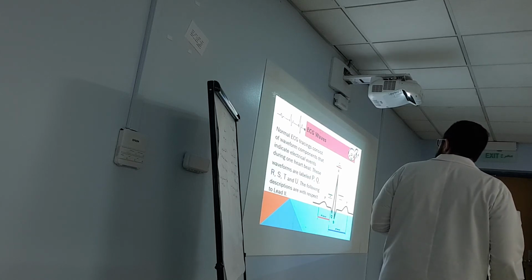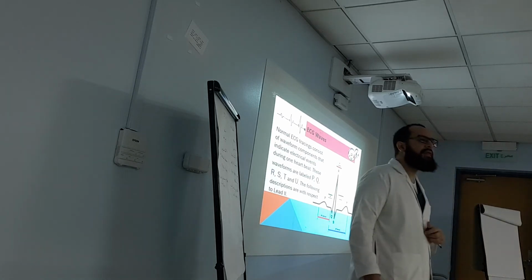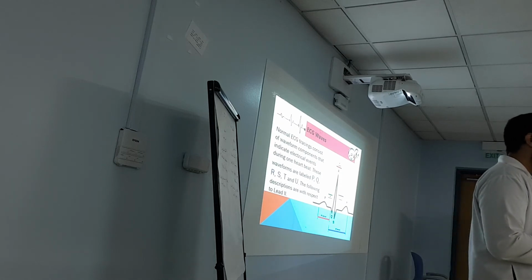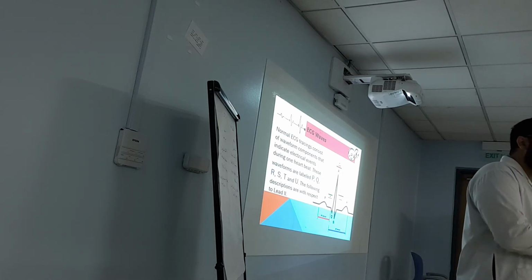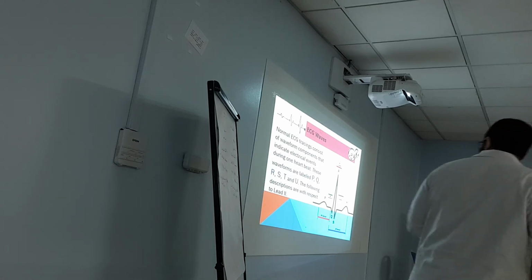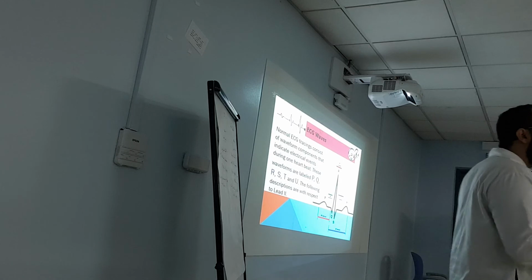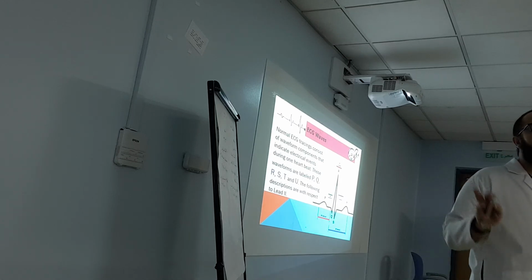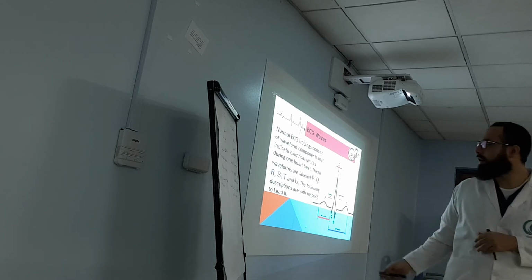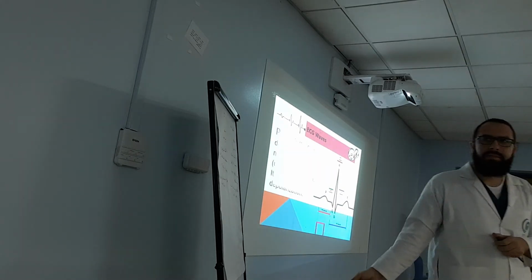Then, a normal ECG tracing consists of these waves: P, Q, R, S, T. I have no idea why they start from P. Why didn't they start from A? I have no idea. Don't ask this question. So they start from P, then Q, R, S, T. Easy to remember, huh? Maybe they reserve the other letters for other abbreviations.